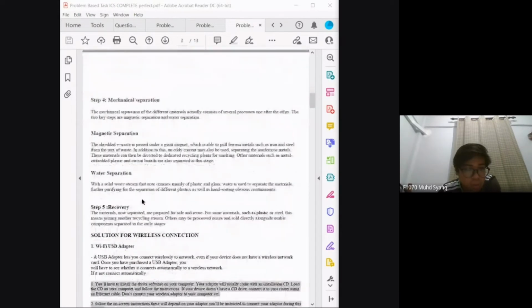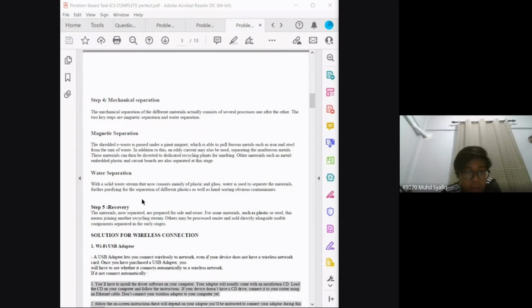Next, step 4, mechanical separation. The mechanical separation of the different materials actually consists of several processes, one after the other. The two key steps are magnetic separation and water separation. Next, magnetic separation. The shredded e-waste is passed under a giant magnet, which is able to pull ferrous metals such as iron and steel from the mix of waste.